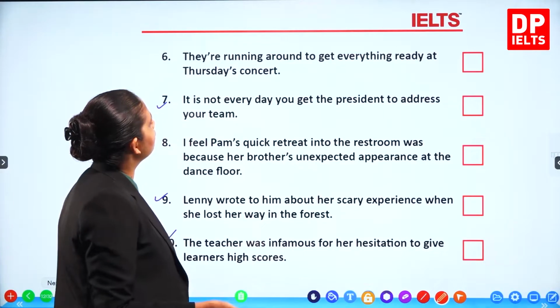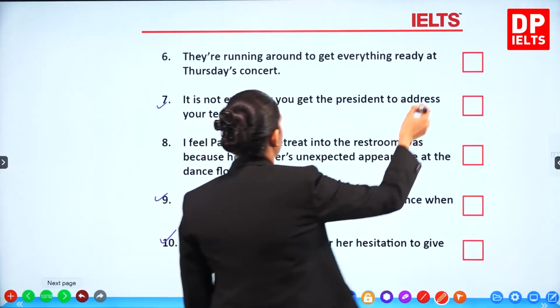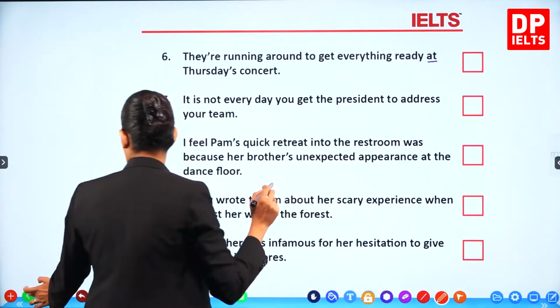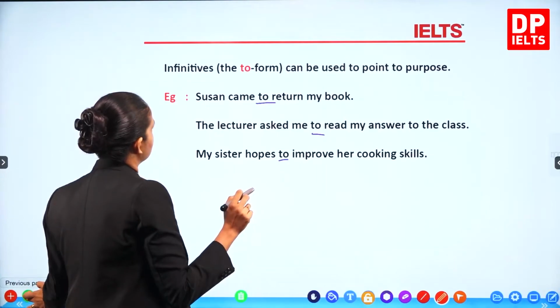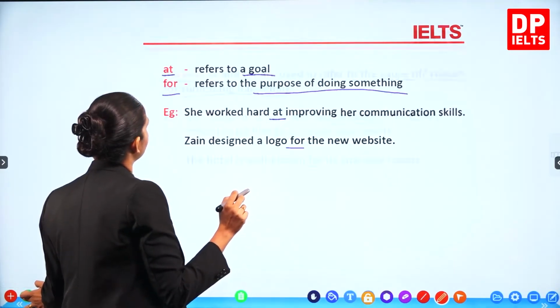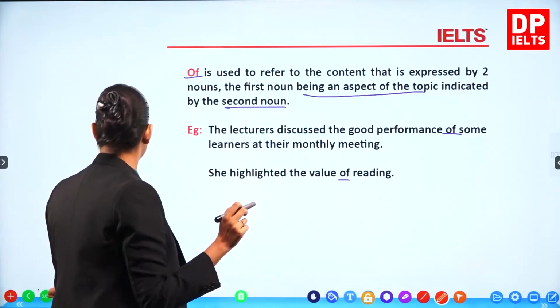They are running around to get everything ready at Thursday's concert. Can you say at Thursday's concert? We can't. Okay. But what can you use it for? Let's see.